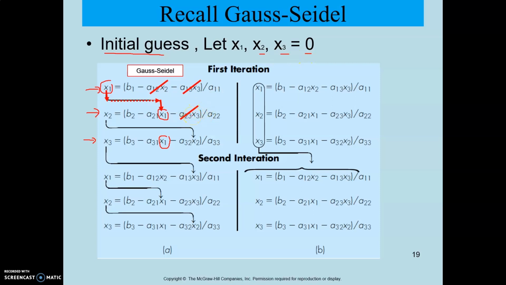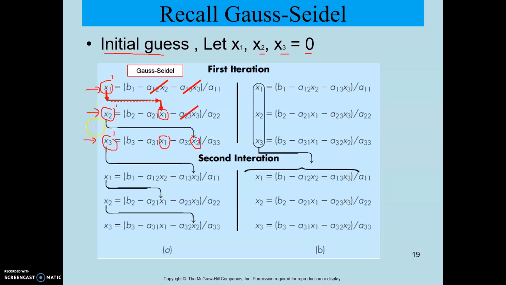It can be cancelled off. Then you can compute the x2. Again, you substitute the x2 into the next equation, and by doing this you can compute the x3. So this is the result for the first iteration.